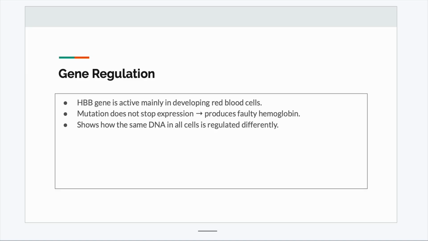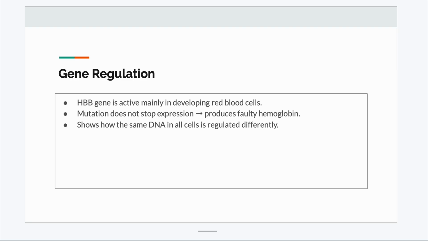Even though every cell in the body has the HBB gene, it's only turned on in developing red blood cells. That's because of gene regulation. Different genes turn on in different cell types.